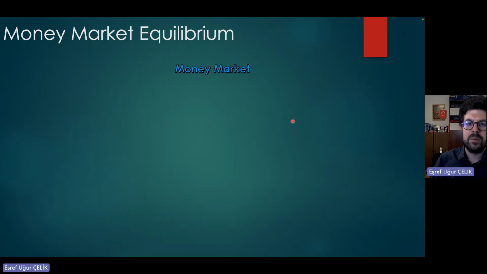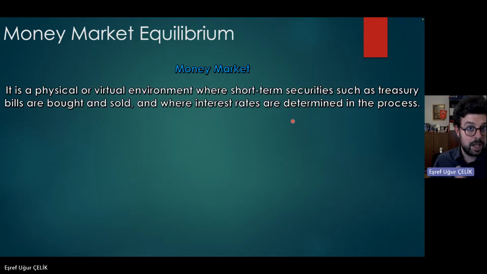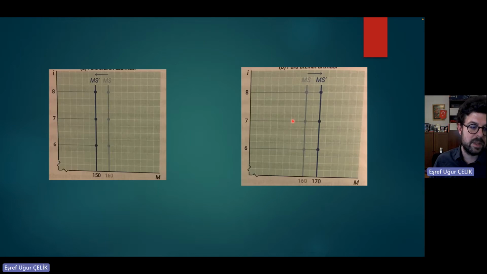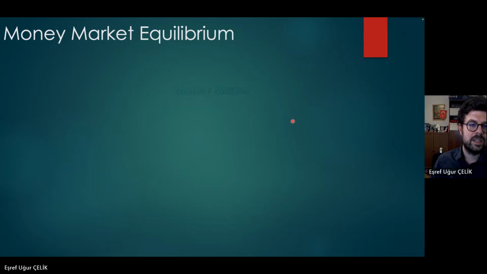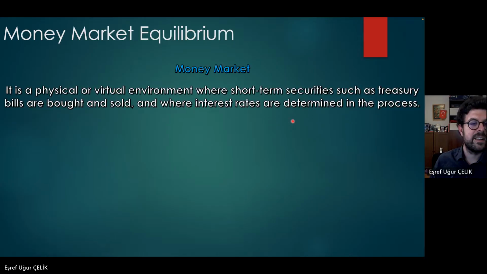Okay. Let's come to the end of the story. We focused on the money demand, then we focused on the money supply. Let's come to the equilibrium part. In previous slides, that part is also important, so don't skip it. You already know the meaning of money market, but let's look at the more formal definition.